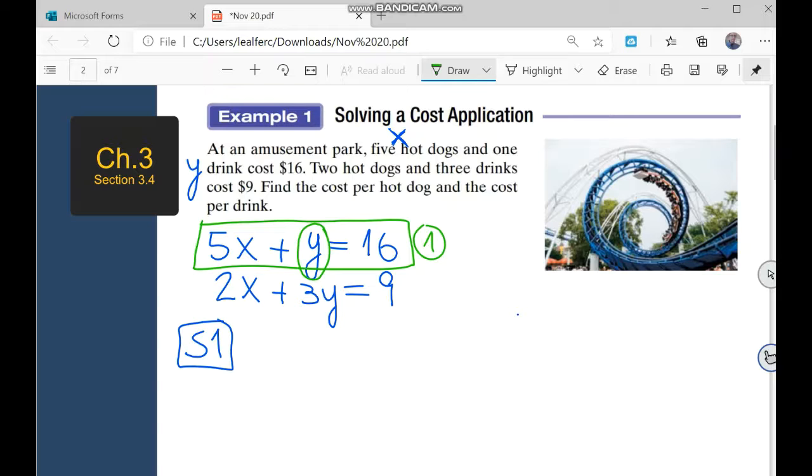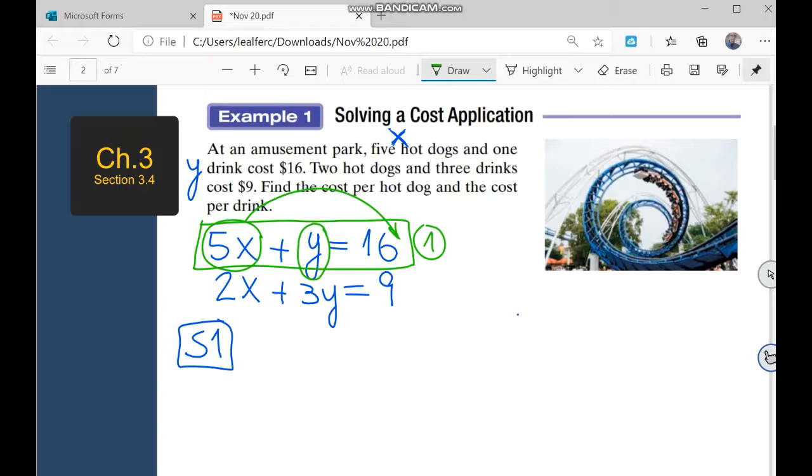We will isolate y. To do this, we're going to move 5x to the right hand side and keep only y on the left hand side. When we move 5x to the right hand side, we move it with the opposite sign. If it's positive here, it's going to be negative over there, because of the addition property.